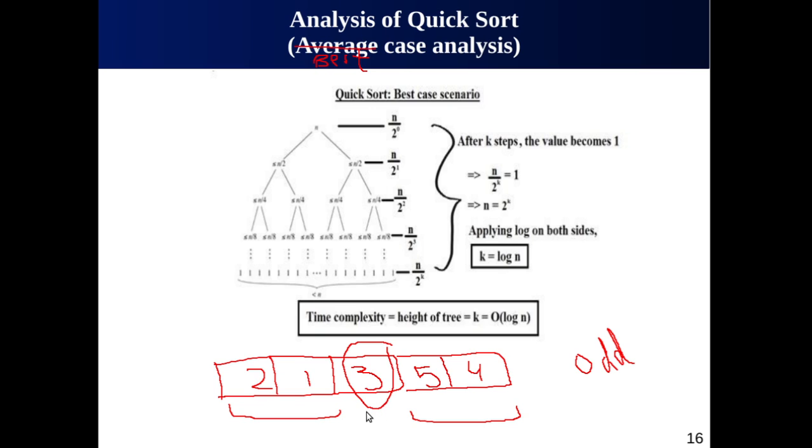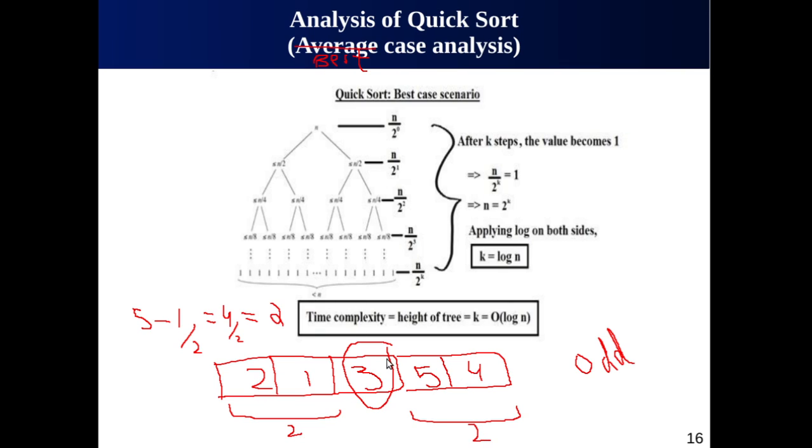In this case, each partition will have n minus 1 divided by 2 elements. In this case, n is 5. So 5 minus 1 divided by 2, that is 4 divided by 2, and that is equal to 2. So we have 2 elements on the left hand side and 2 elements on the right hand side.